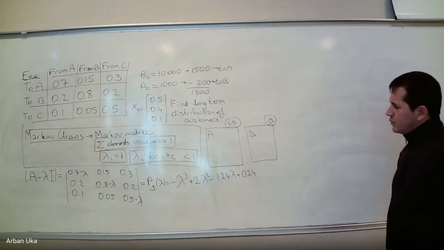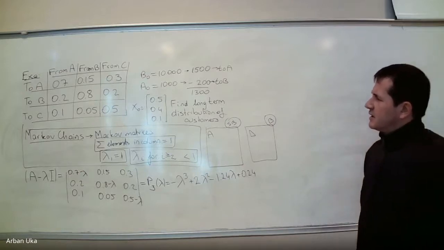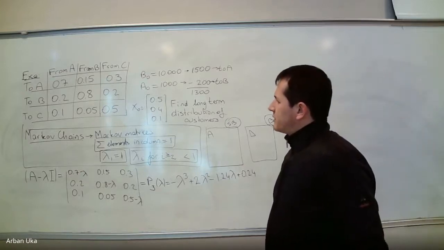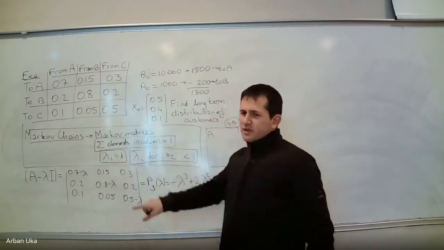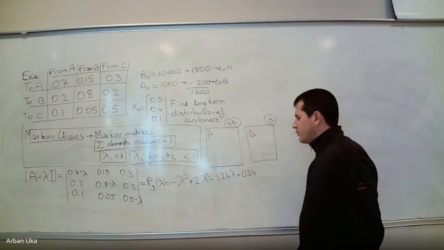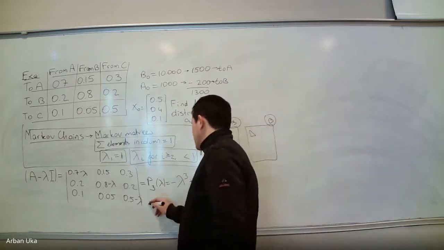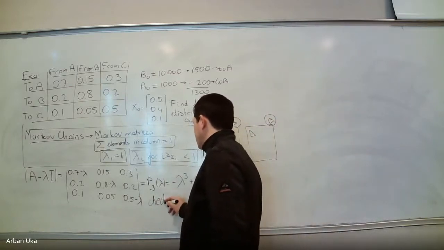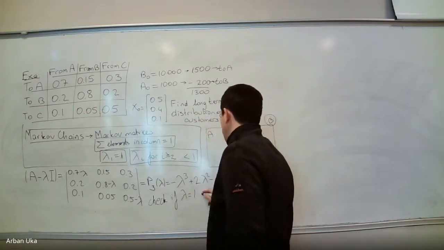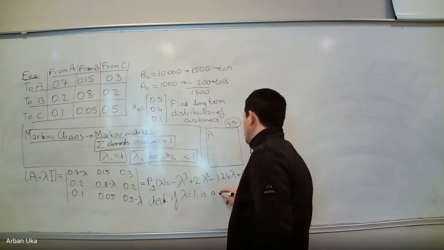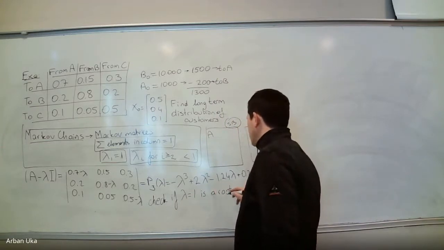Then what we can do here is that this is a Markov matrix, so we said that one of the eigenvalues is 1. Let's see if 1 is a root. So check if lambda equal to 1 is a root. Let's do that.